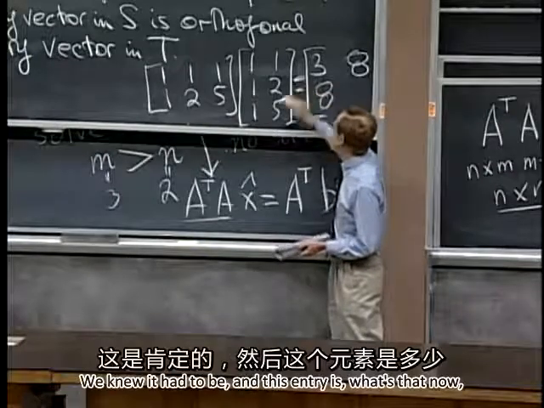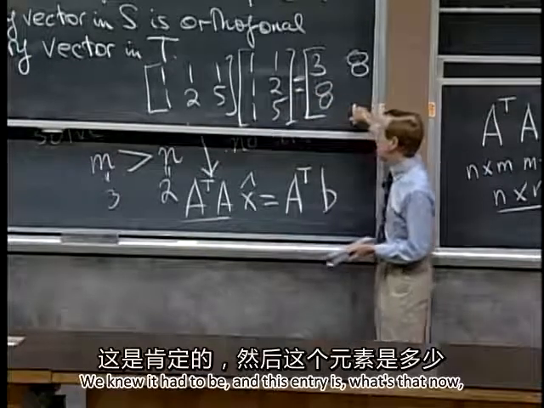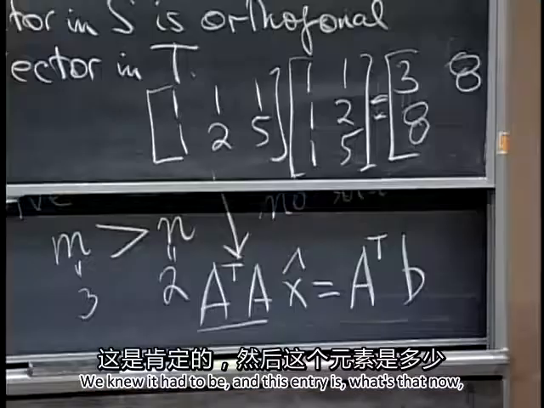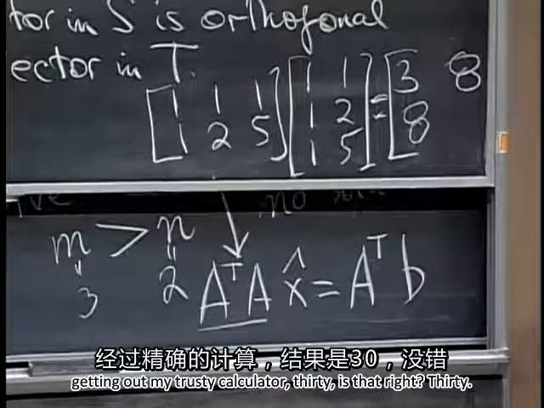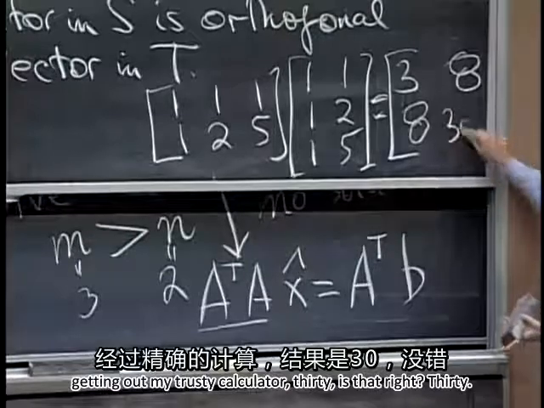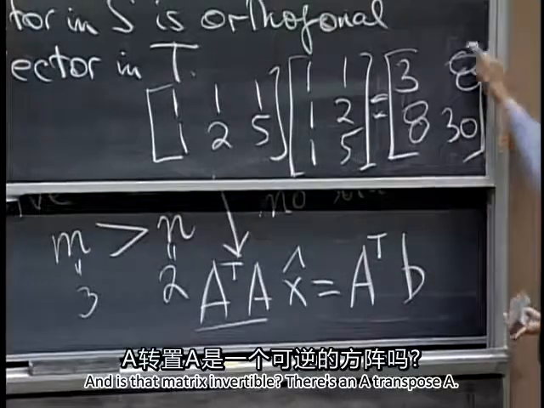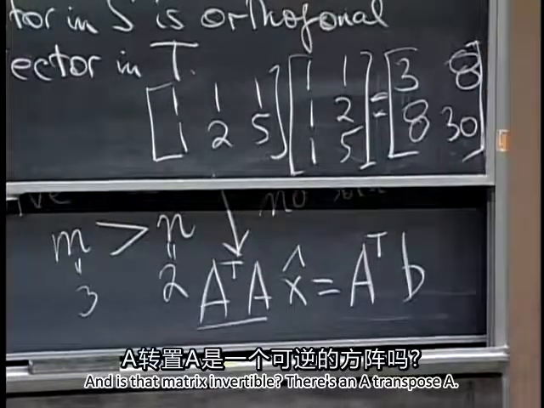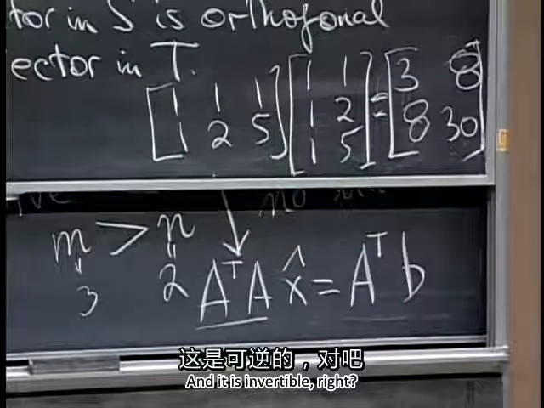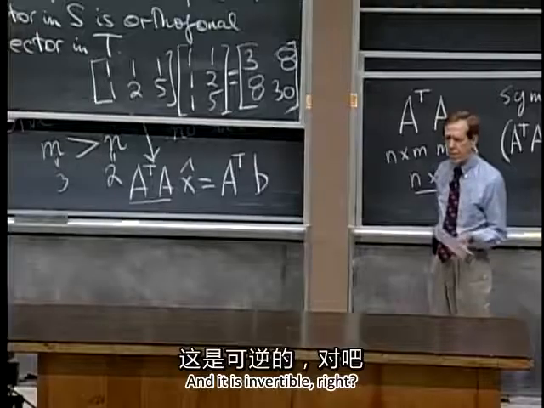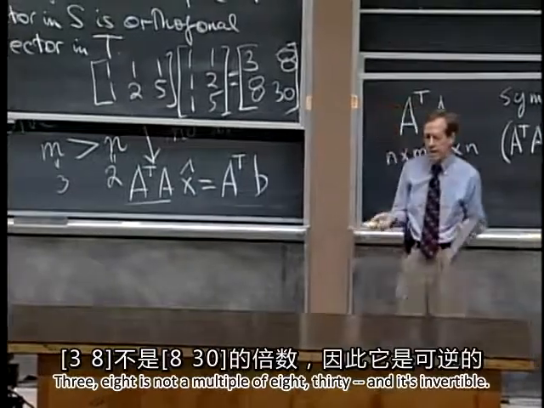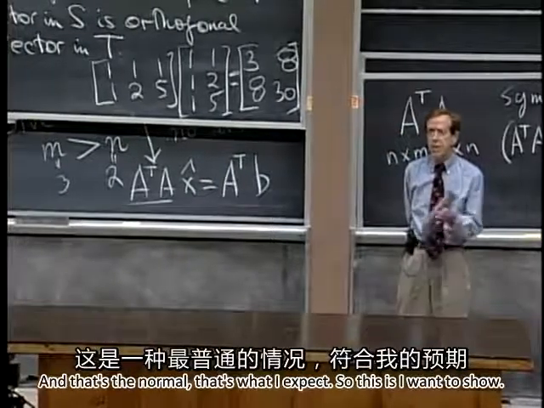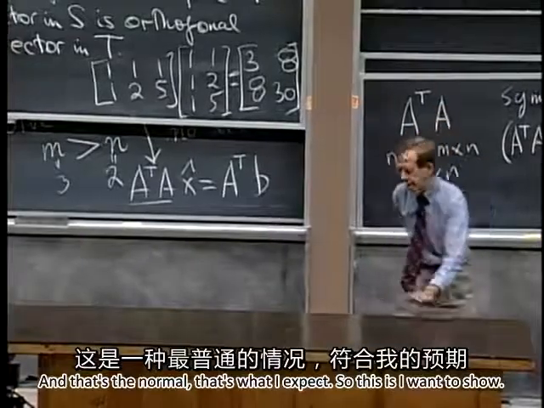We knew it had to be. And this entry is, getting out my trusty calculator, 30. Is that right? 30. And is that matrix invertible? There's A transpose A, and it is invertible, right? 3, 8 is not a multiple of 8, 30, and it's invertible. That's what I expect.